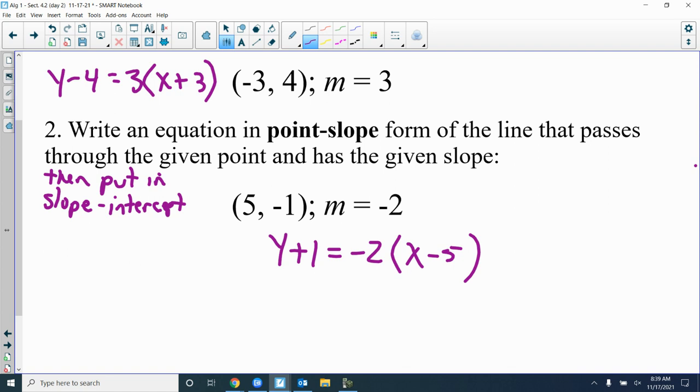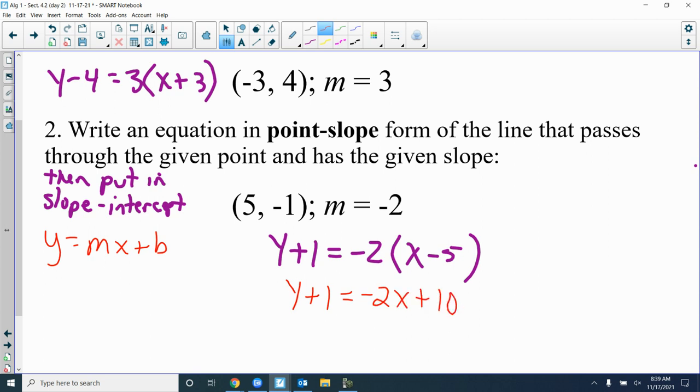Now, do you guys remember slope intercept form? It looks like this. So we're going to solve for y, right? Okay, what was your question, Mason? So when you distribute first, it's -2x plus 10. Yes. So we have this.